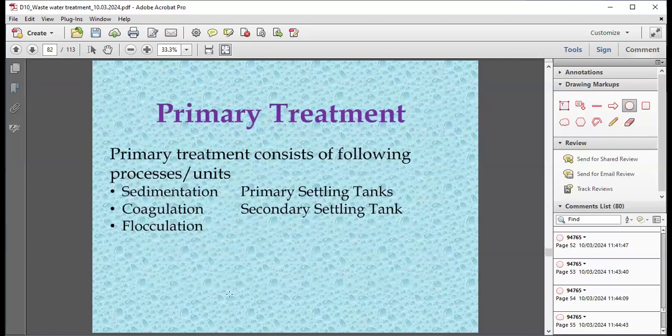The primary treatment consists of the following: sedimentation. Sedimentation means the prior precipitation, coagulation, flocculation, primary settling tank, secondary settling tank, right?